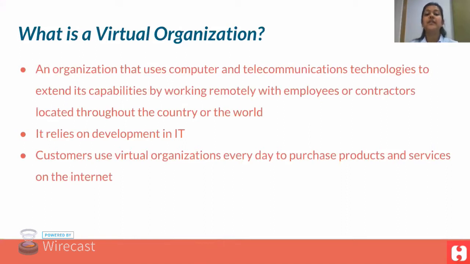Now, it totally relies on the development in information and technology. The best example is customers use virtual organization on an everyday basis to purchase some products and services on the internet. So for example, if I'm sitting in some other part of the country, I can buy products and services from some other part of the world, and that is a virtual setup. So Amazon, eBay, these are all virtual organizations, right?